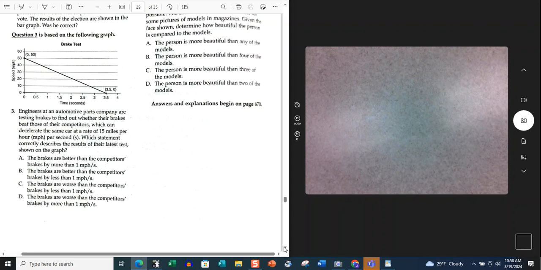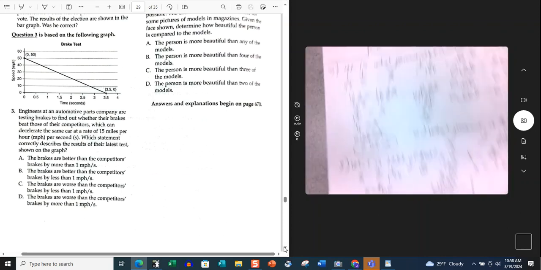Okay, so I have to show you all the slope formula. I was hoping that I could wait to show you all that to the next chapter, but apparently I cannot.